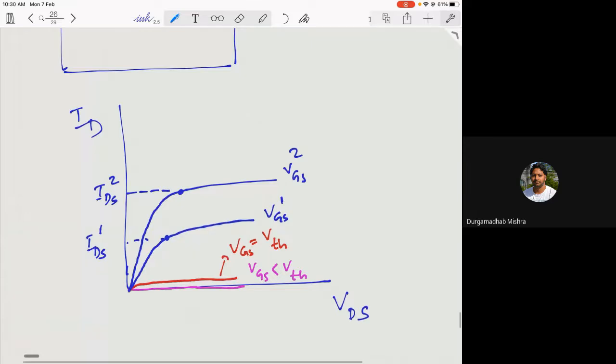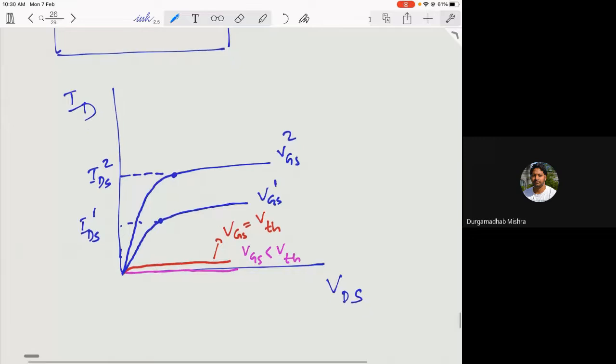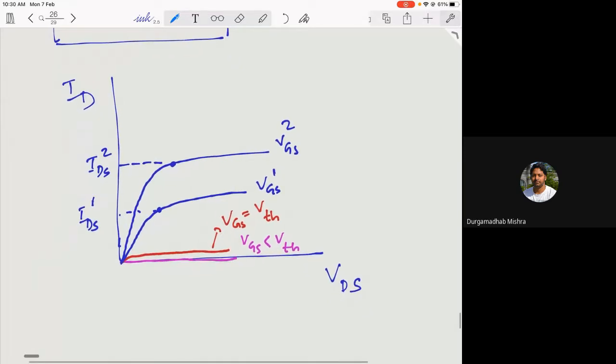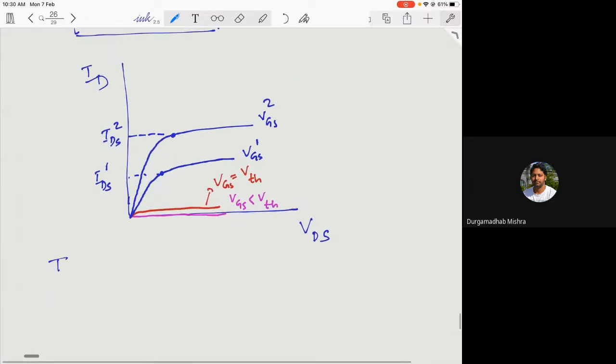Okay, so you have a control voltage, your gate voltage, which is controlling the device to make it on or off. There are two functions this transistor is doing.